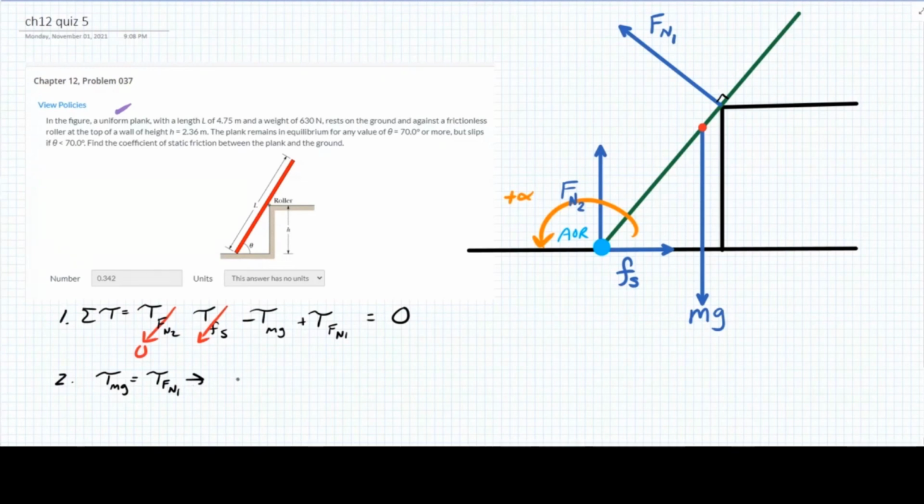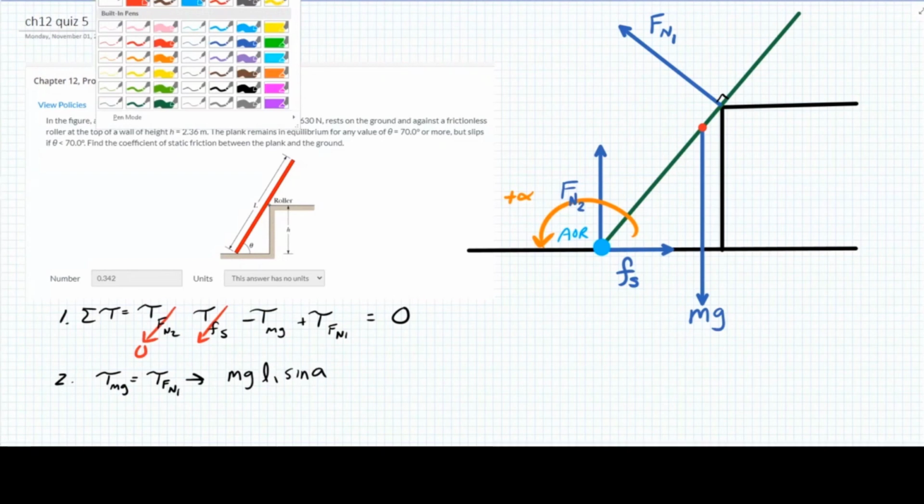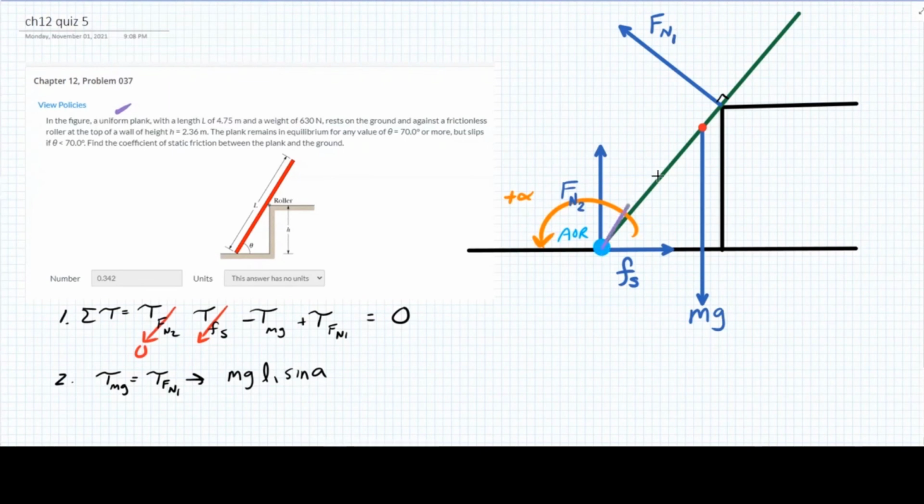Right? So that means mg is the force, L1 is the position vector, sine of A is the angle between them. So mg is the force, here's the position vector, that purple vector.